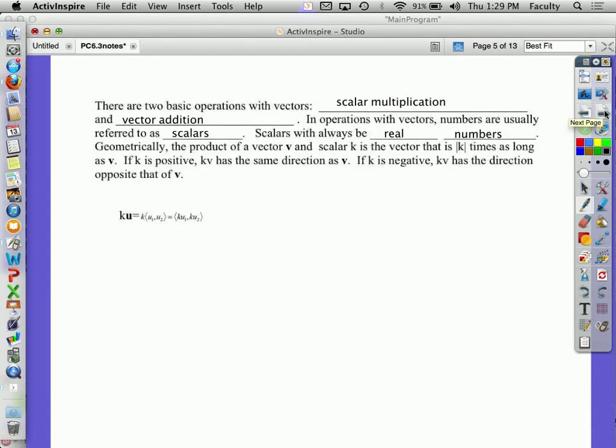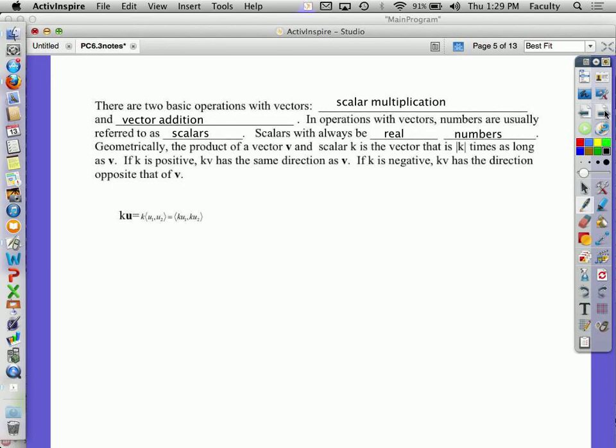All right, there are two basic operations with vectors. They're not the only operations, but these are two basic operations. You have something called scalar multiplication and vector addition, both of which are very, very easy. In operations with vectors, numbers are usually referred to as scalars. Scalars are always real numbers.